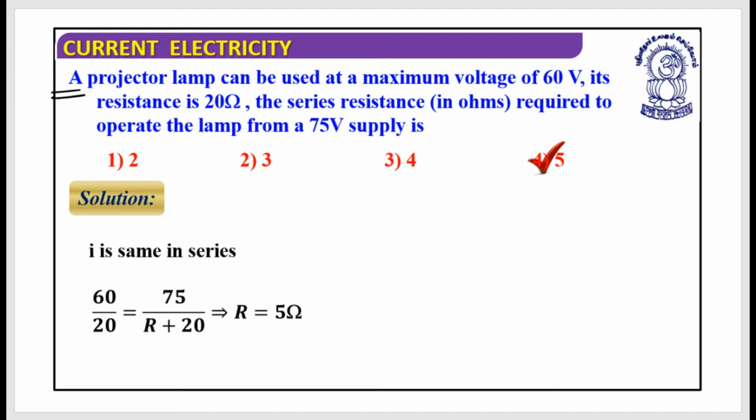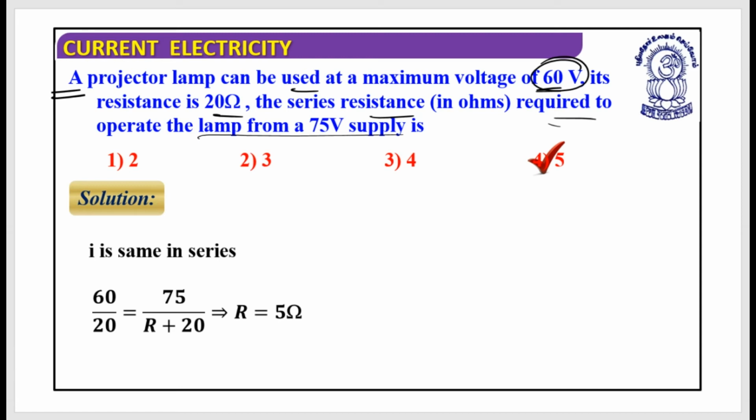It says a projector lamp can be used for a maximum voltage of 60 volt. Its resistance is 20 ohm. What is the series resistance required to operate the lamp from a 75 volt supply?